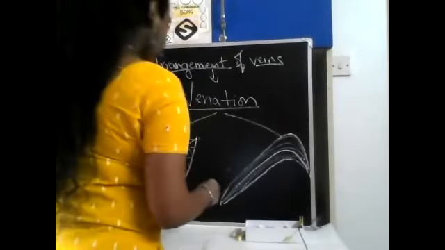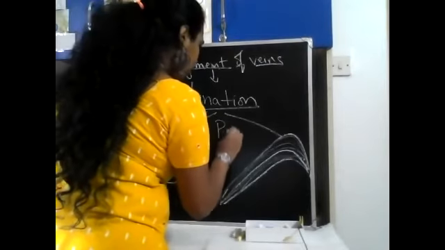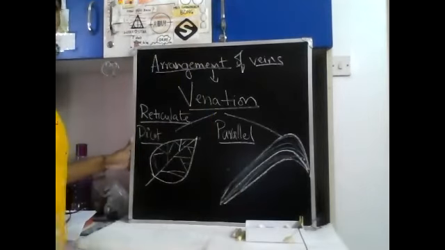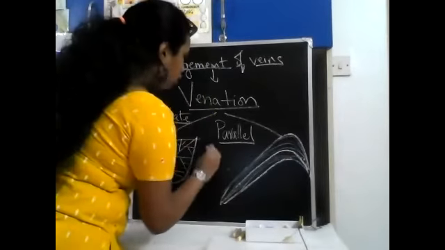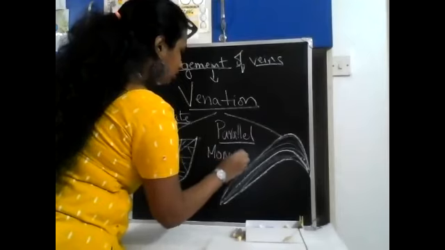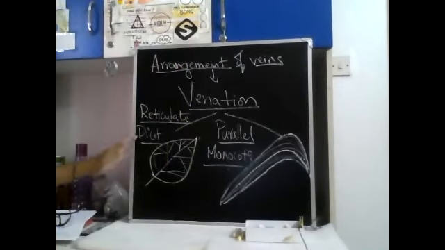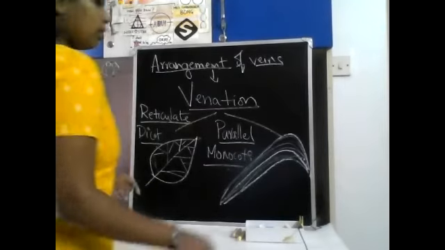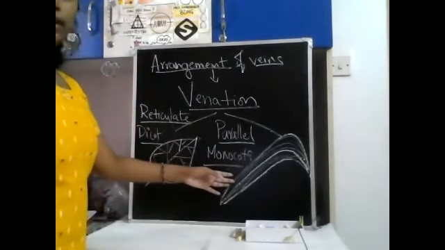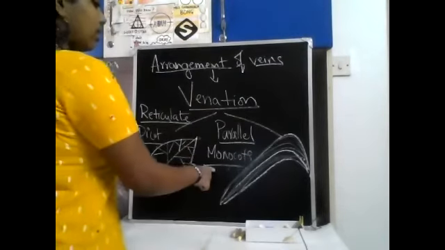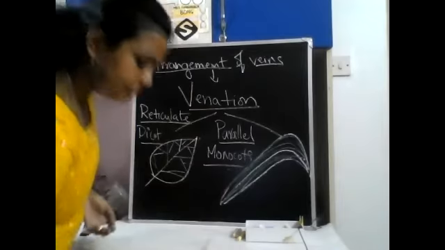In this case, it is called a parallel venation, and it is seen in monocots. So we have reticulate venation, which is a network arrangement of veins seen in dicots. Next, we have parallel venation, where you have the veins parallel to the midrib, and it is seen in monocots.